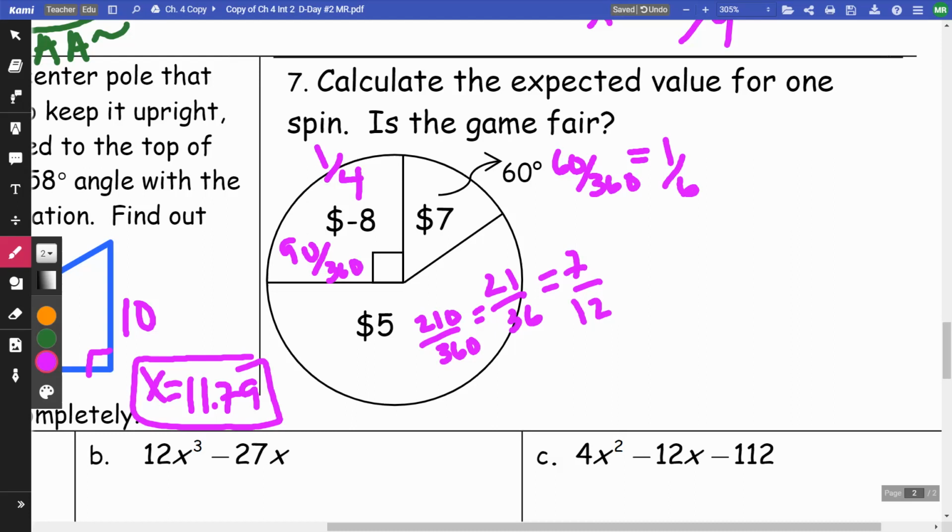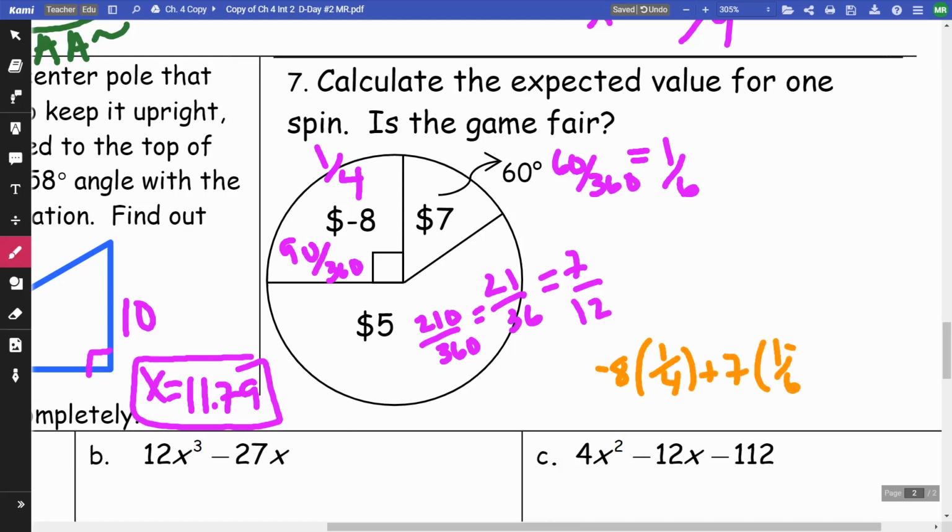So I am going to take -8 times 1/4 plus 7 times 1/6 plus 5 times 7/12 and put that into my calculator.